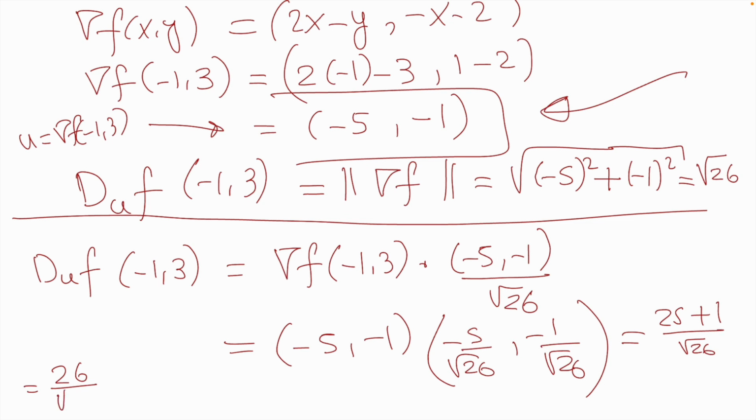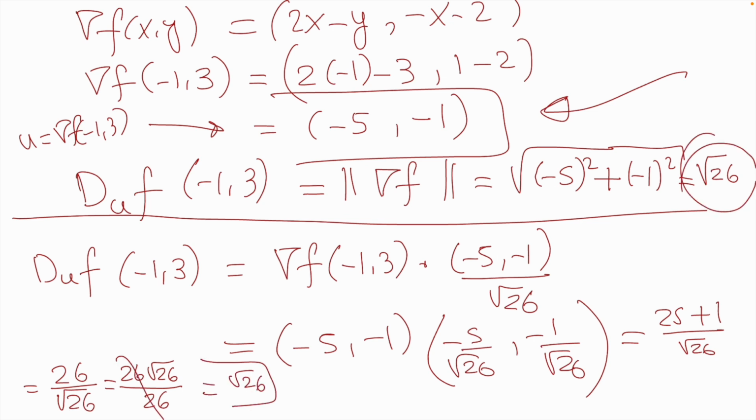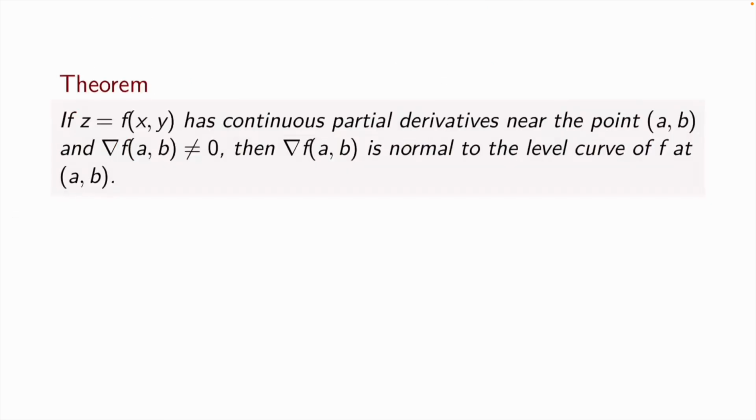If we multiply numerator and denominator by the square root of 26, we have the square root of 26 squared, that is just 26, canceling, this is the square root of 26. Of course, it's the same result that we obtain directly by the property.